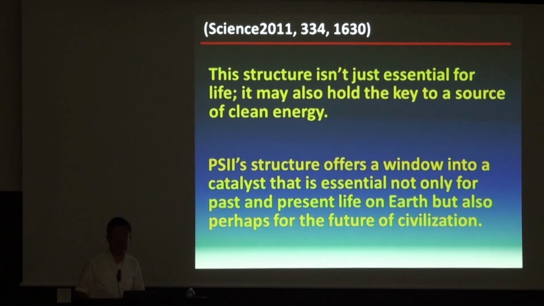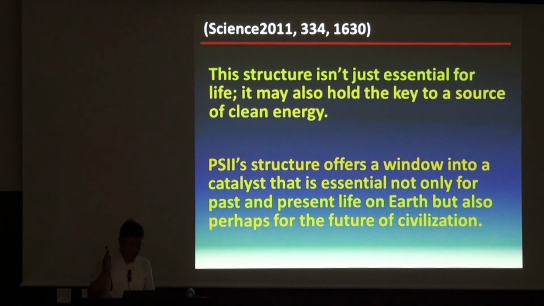As I mentioned, if we can synthesize a catalyst like the manganese cluster in PS2 to split water using sunlight, probably we can obtain clean energy from sunlight and water. So the PS2 structure offers a window into a catalyst that is essential not only for past and present life on Earth, but also perhaps for the future of civilization.